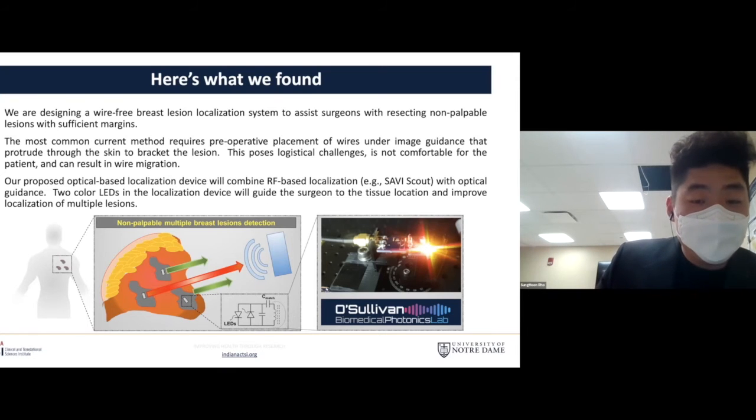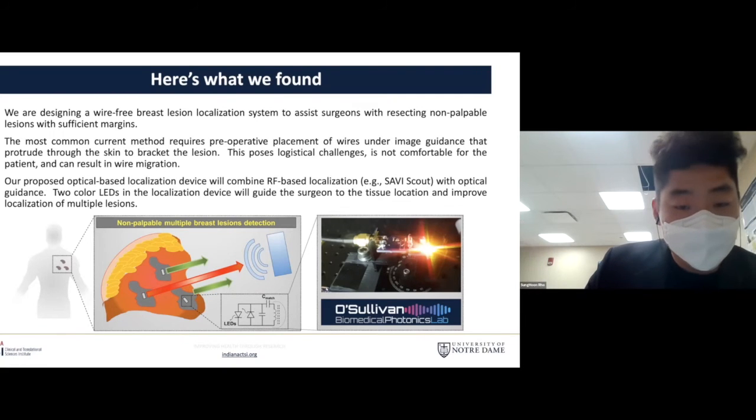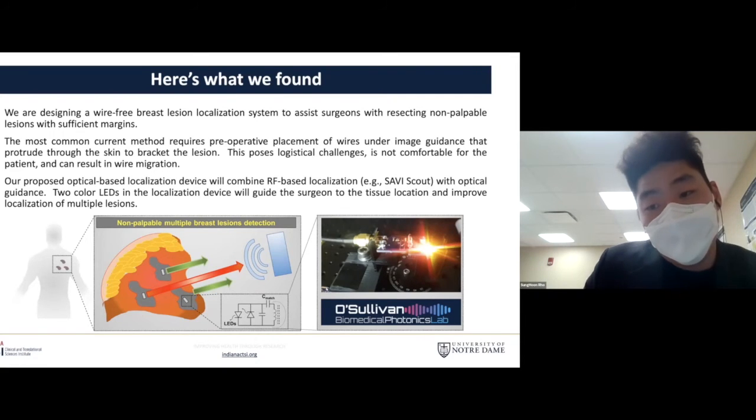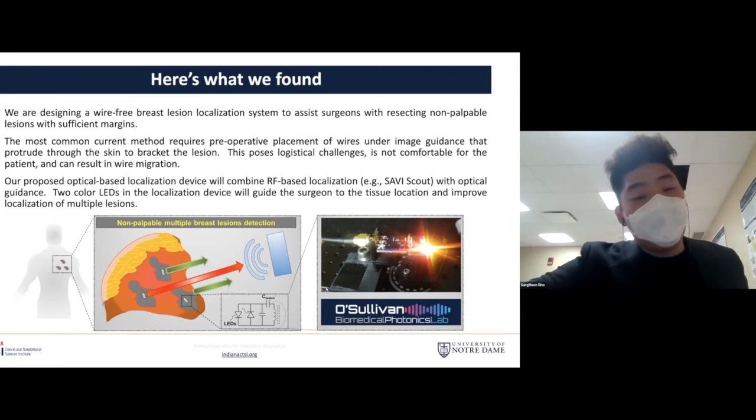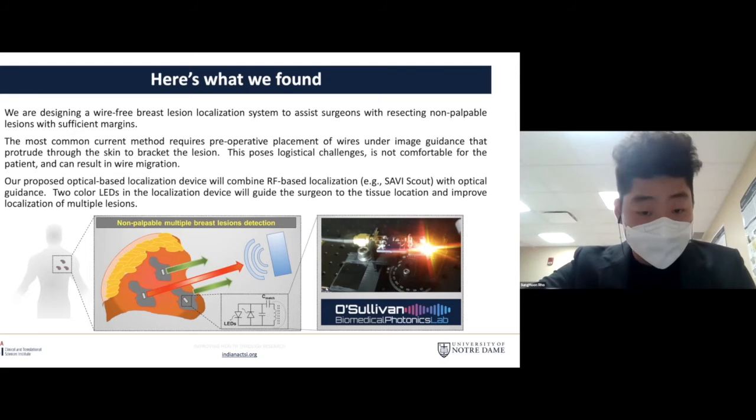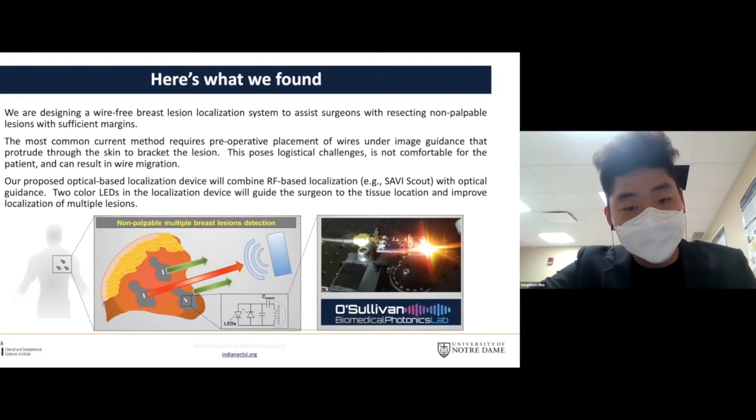The way we can differentiate each point is that it will have two light sources. One is a green light and the other is a red light. They have different wavelengths. When we use the red one, we can see the far away tumor lesion, and with the green light, we can visualize the closest tumor lesions.